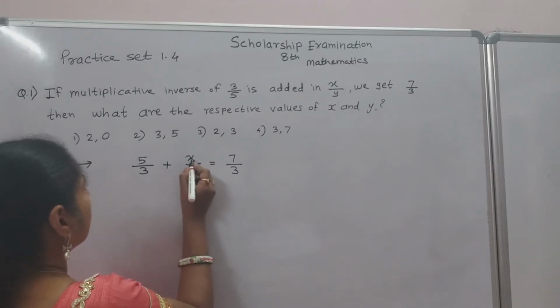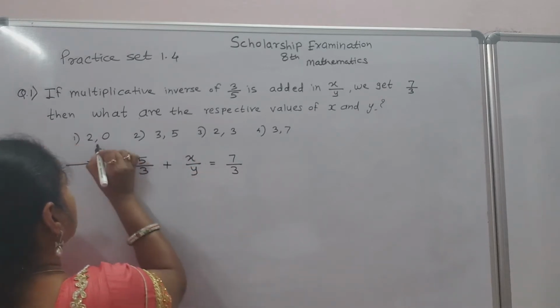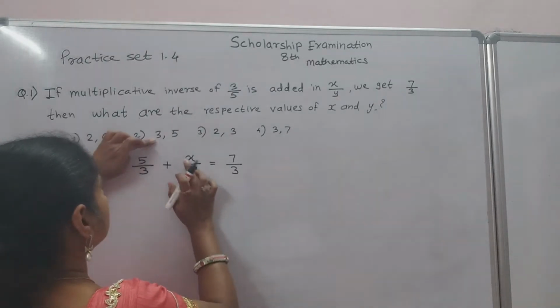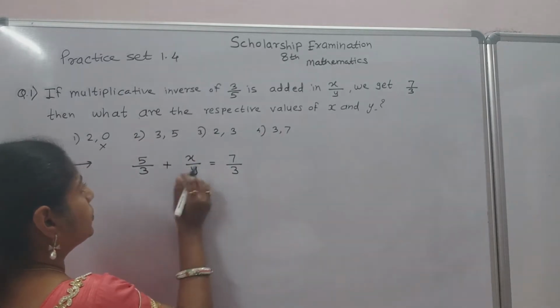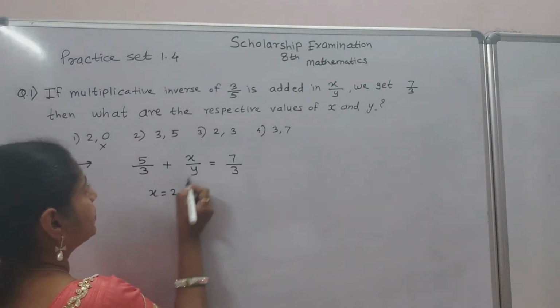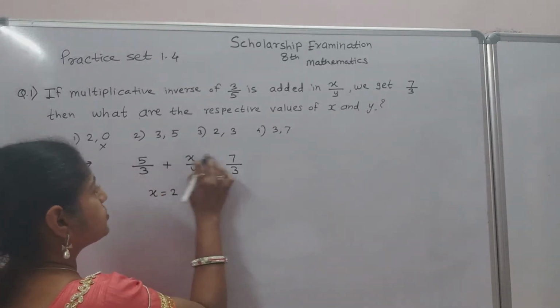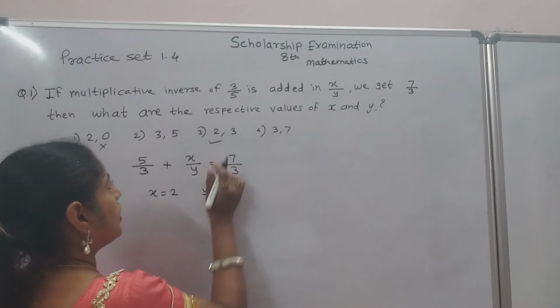Put the value of x equal to 2, y equal to 0? The denominator can never be 0. Put x equal to 2 and y equal to 3, so 2 upon 3. 5 plus 2 is 7, the denominators are equal, so the answer is 2 upon 3.